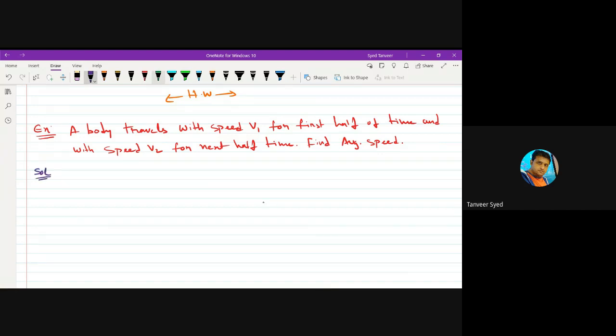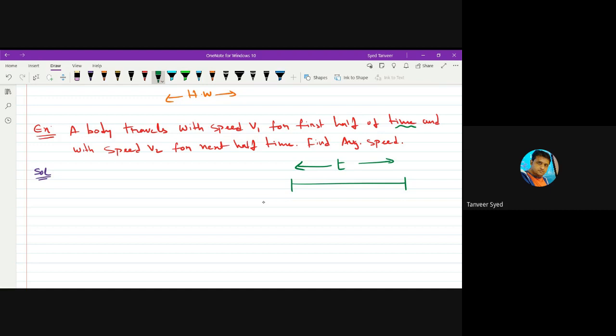Okay, we want average speed, right? This body is traveling for some time. How much time? Let us say it is t. The total time for which the body travels is t. And how is it moving? Is it moving at the same speed?